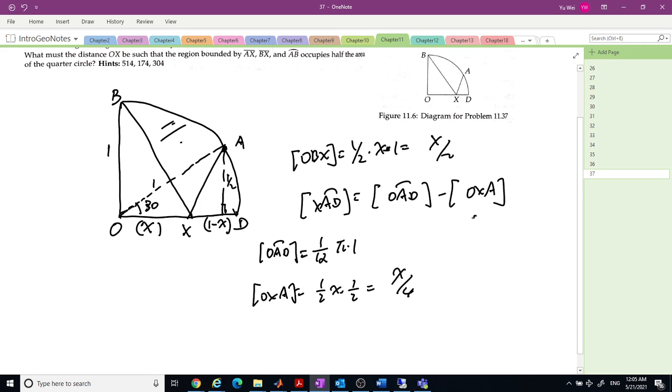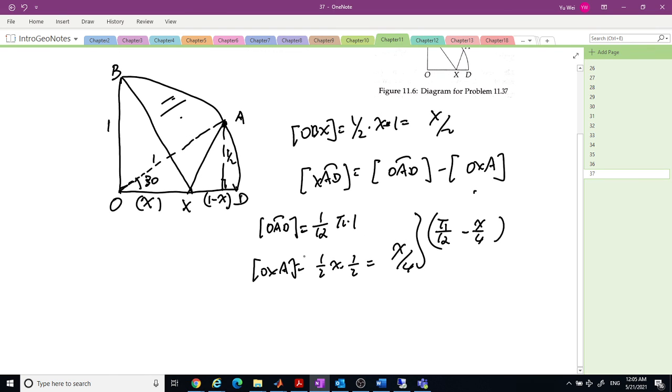So now we can solve XAD, which is equal to pi over 12 minus x over 4. Okay, so finally we solve two pieces, right? We solve the XAD and OBX. So we know OBX plus XAD is equal to half of the area, right?